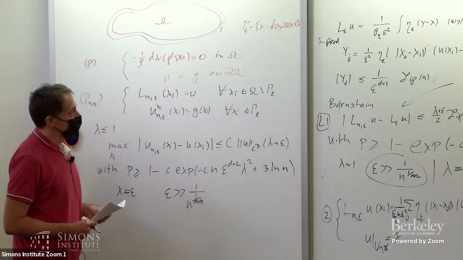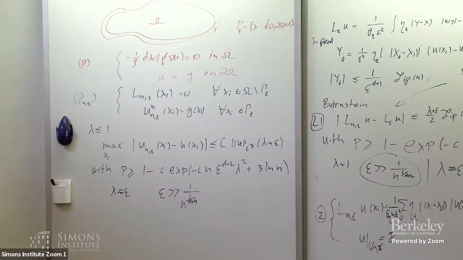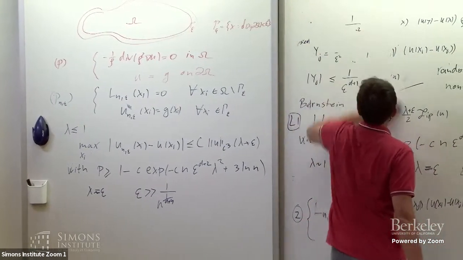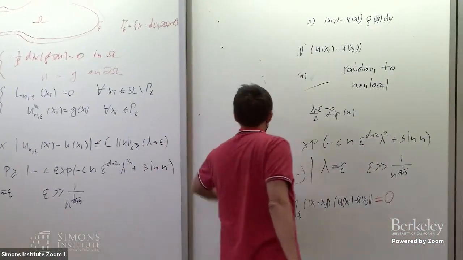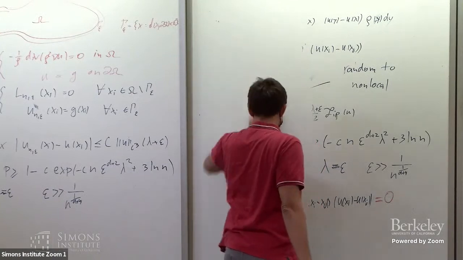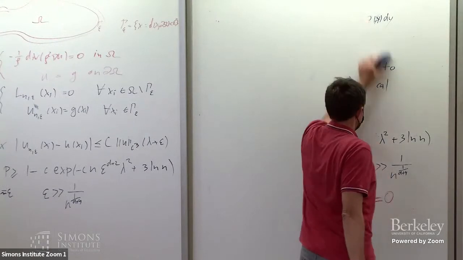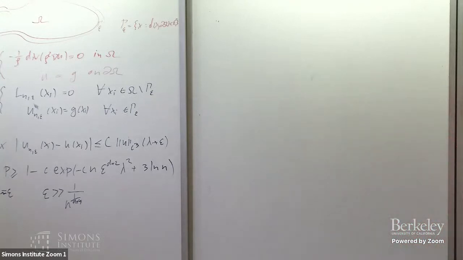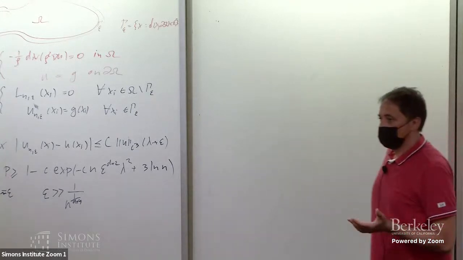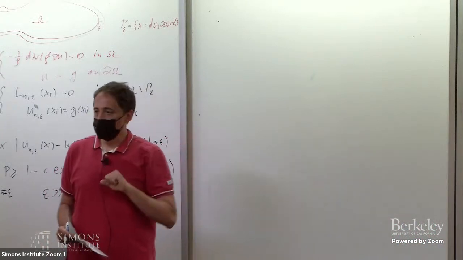Okay. Now, how do we prove this using the comparison principle? On the level of the continuum PDE, I know how to create a super solution that will stay a little bit above the actual solution.